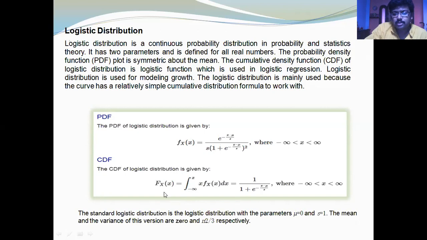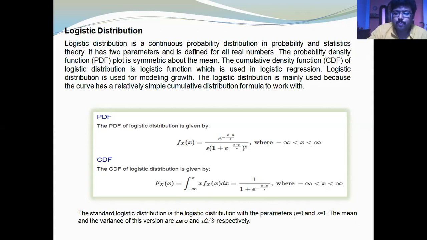It is 1 divided by 1 plus e to the power minus (x minus location parameter) divided by the scale parameter. The standard logistic distribution is the logistic distribution with parameter mu equal to 0 and s equal to 1.